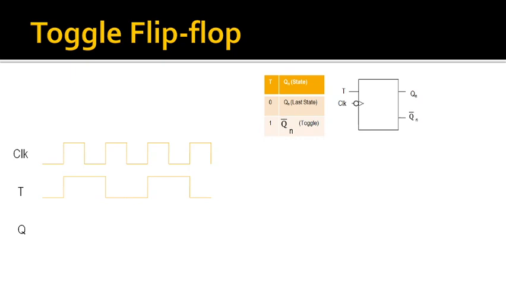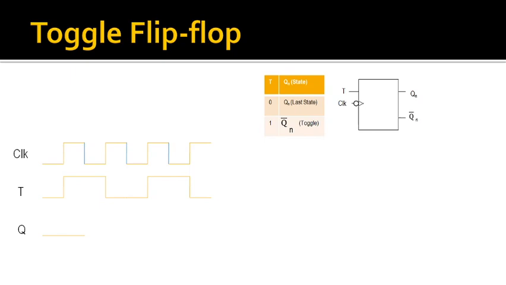Let's highlight them. Now let's assume that our flip-flop started when it was storing 0. So it will be retaining the same 0 value until the negative edge of the clock pulse is reached.